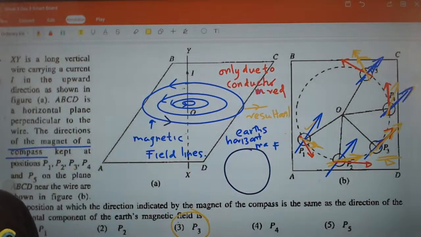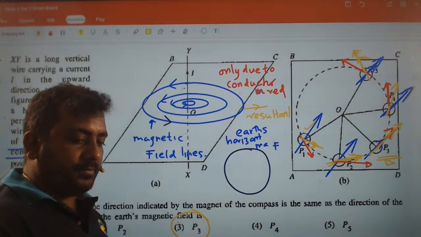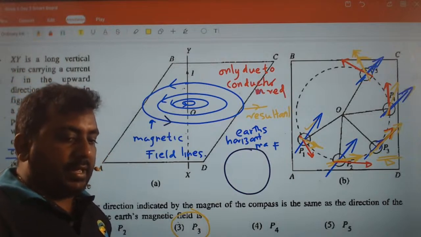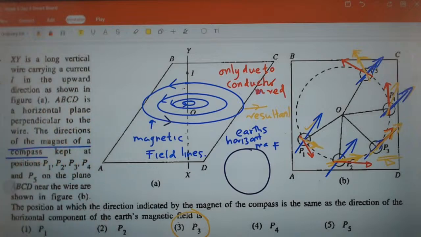Okay, that's right. As shown in the figure, the red color lines indicate the magnetic field due to the conductor.